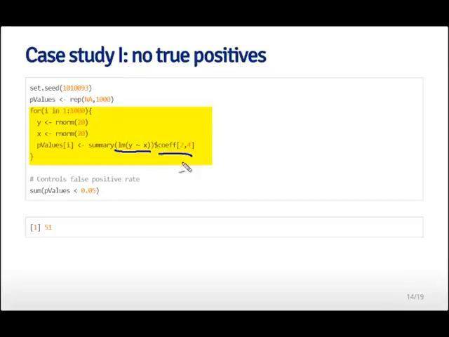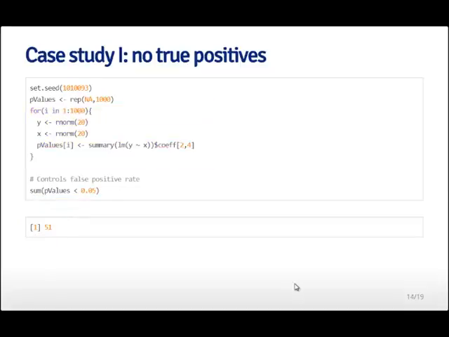In that coefficient matrix, in the second row, the fourth column is the p-value for the relationship between y and x. I calculate the p-value for all 1,000 simulated examples, and then look at the number of p-values less than 0.05. Remember, in none of these cases was there actually a relationship between the two variables, but still we get 51, or about 5% of the tests, called significant, even though there's no relationship.